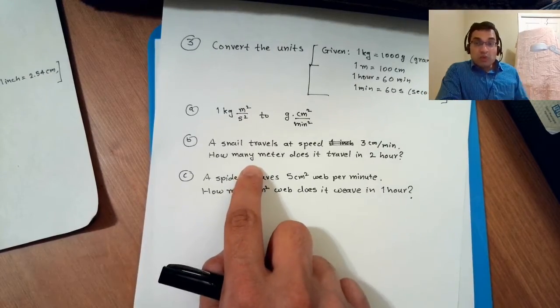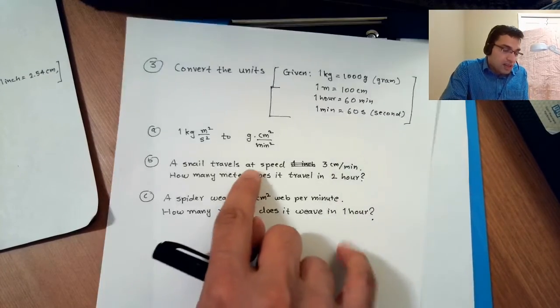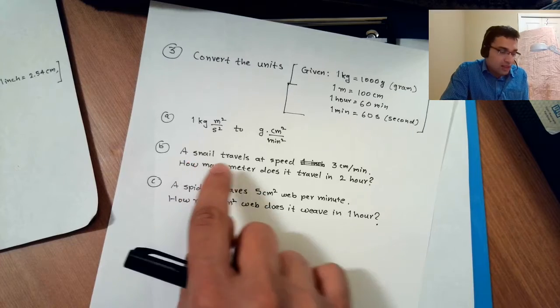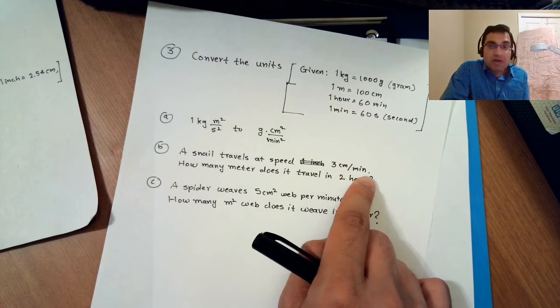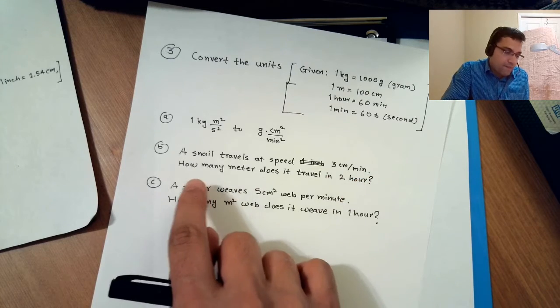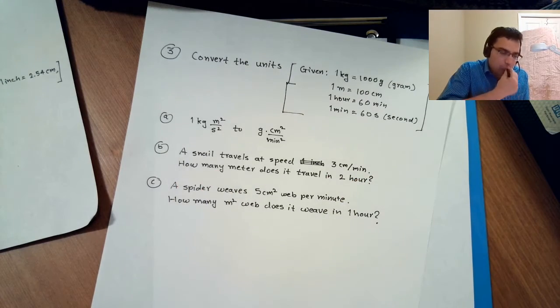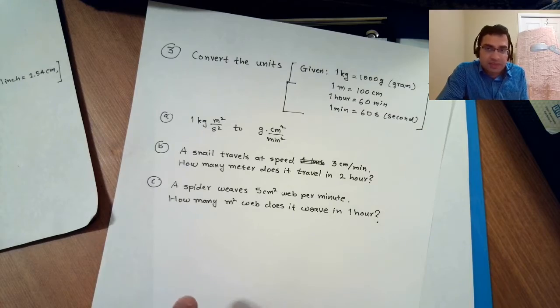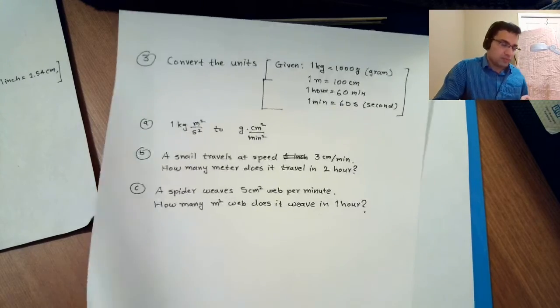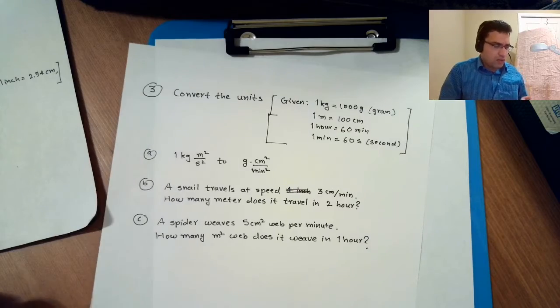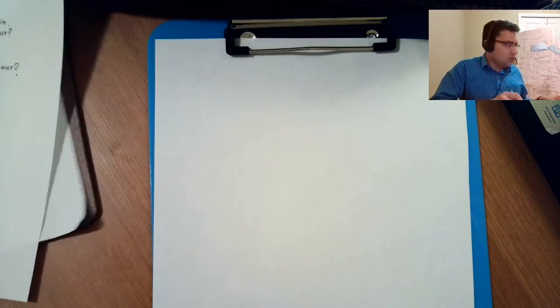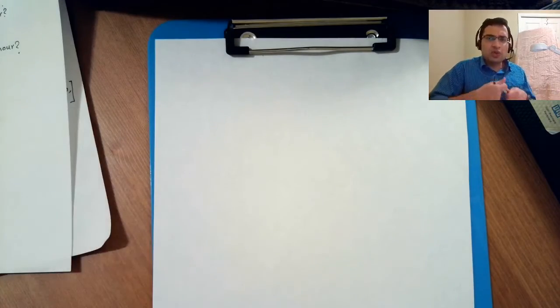The next problem is a word problem. It says there's a snail. It travels at the speed of 3 centimeters per minute. How many meters does it travel in 2 hours? I have mixed in a few things here, and hopefully this will be clear to you as we solve it.